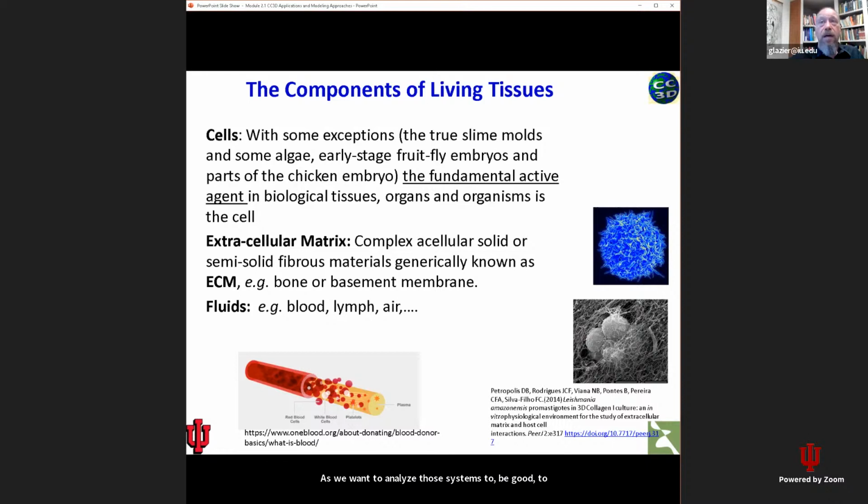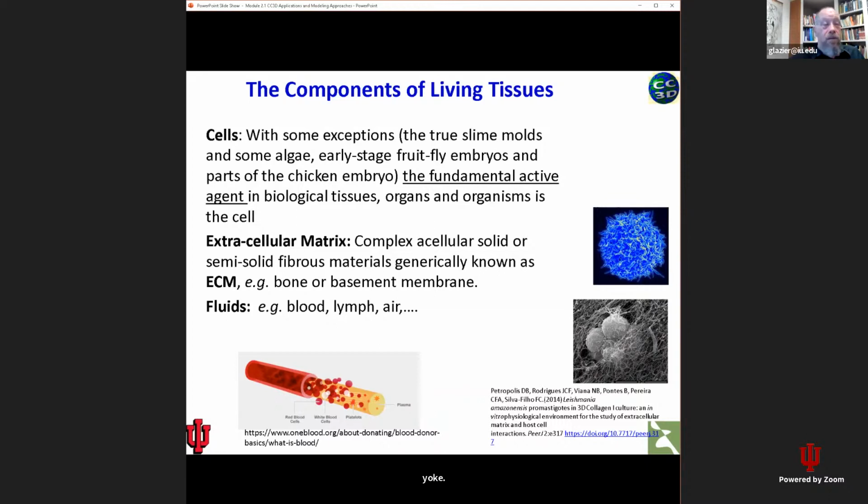If we start out at the highest level and ask what are the components of living tissues, well, almost always in biology, there are always counterexamples. So if I deal with the acellular slime molds, the true slime molds, well, I don't have cells. And we certainly have situations where we have syncytial organization, biofibers in the body, the chicken yolk, the Drosophila early embryo.